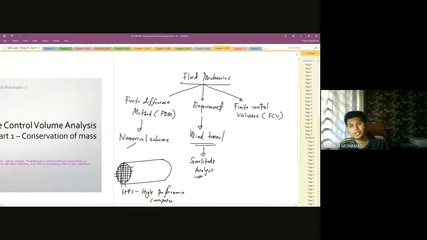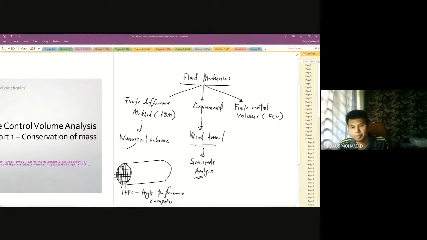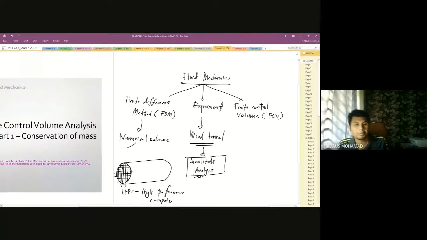For the similitude analysis that we'll be learning in chapter 4, we use similarity, meaning that what happened to the forces at a large car is similar at the scale. For example, we can use Reynolds number similarity.